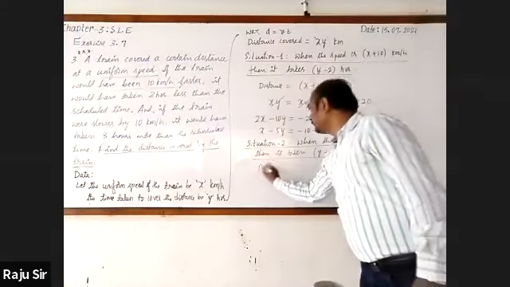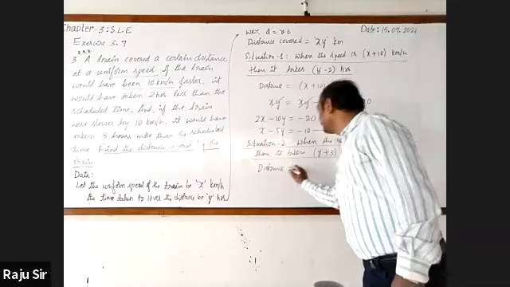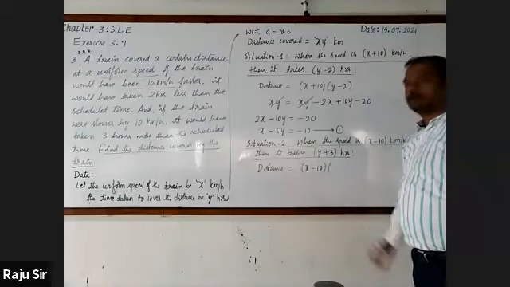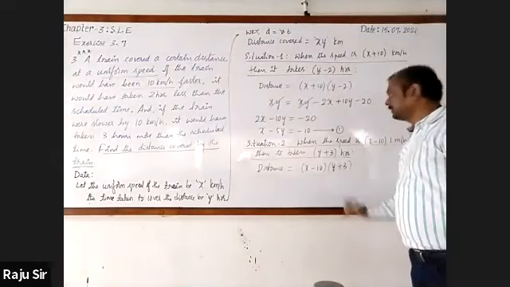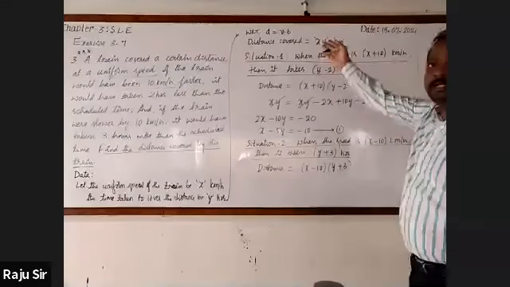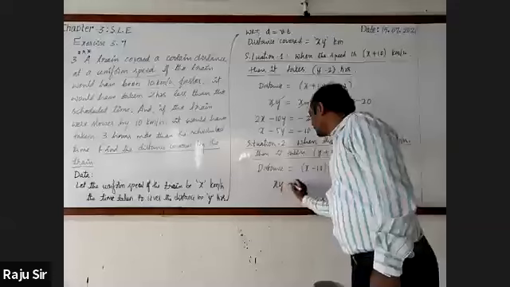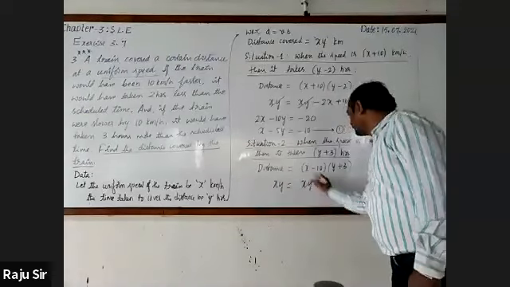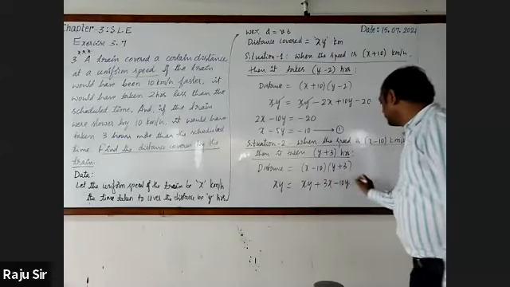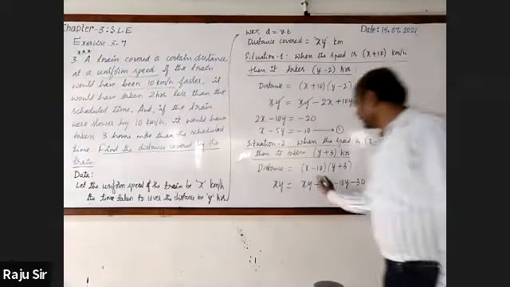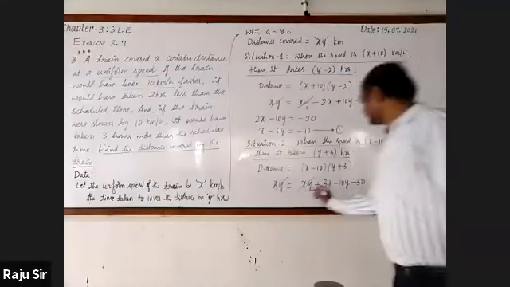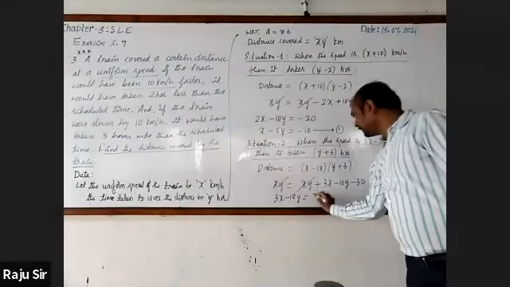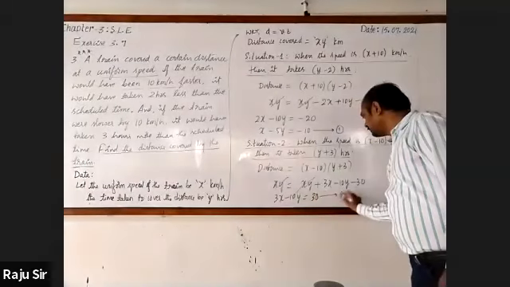Then the distance covered is speed into time, where speed is x minus 10 and time is y plus 3. The distance covered is xy. Multiply: x into y, xy, 3x and minus 10y, minus 30. xy gets cancelled. 3x minus 10y, transfer minus 30, then it becomes plus 30. Call it equation 2.